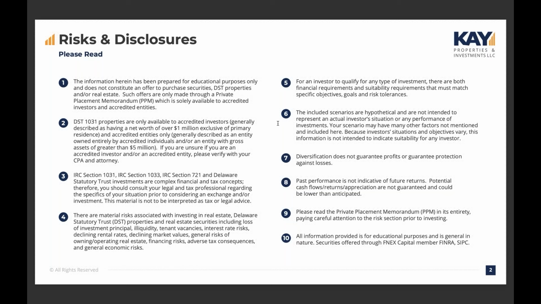The other thing to note is that anybody investing in DSTs or any entity has to be an accredited investor, and it's not an official certificate. From a high level, all the underlying investors that are taking title or the underlying investors in an entity need to have a net worth of $1 million or more minus their primary residence.